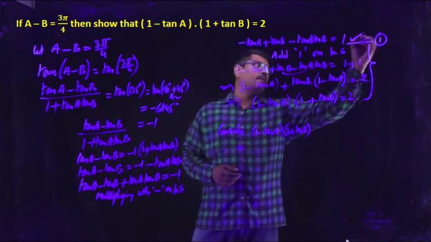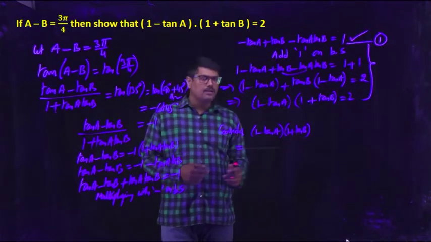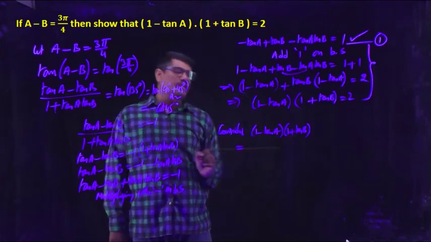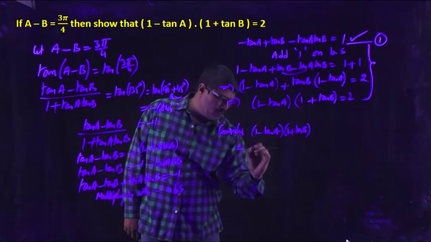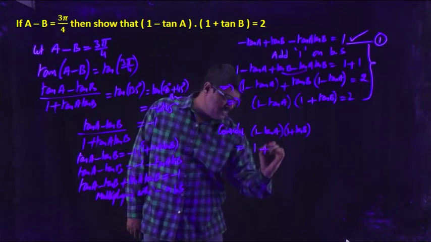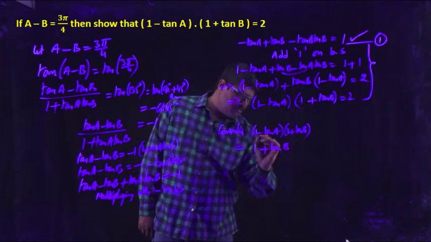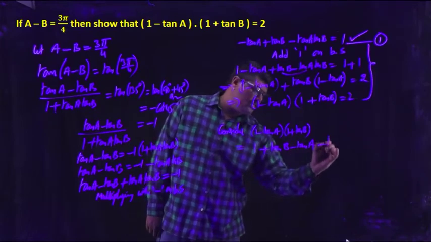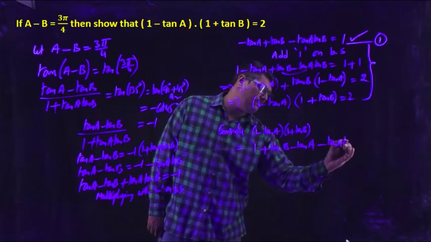You can simplify considering the LHS part of the verification of the condition. Multiply this: 1 into 1 is 1, 1 into tan B is tan B, minus tan A into 1 is minus tan A, minus tan A into tan B is minus tan A tan B.